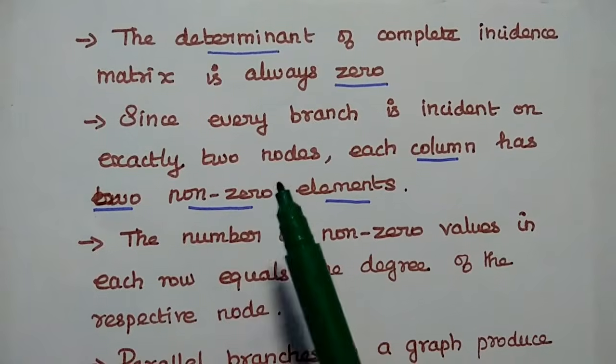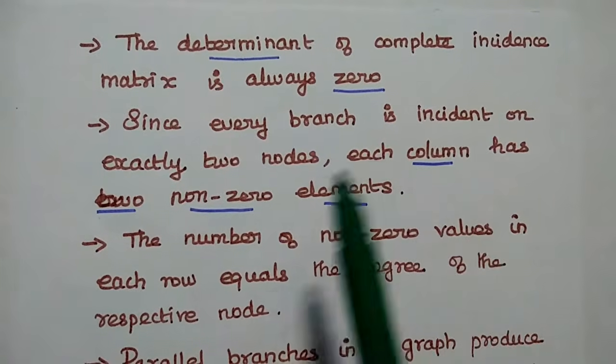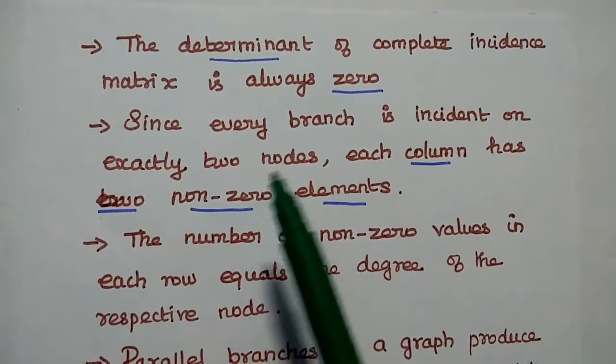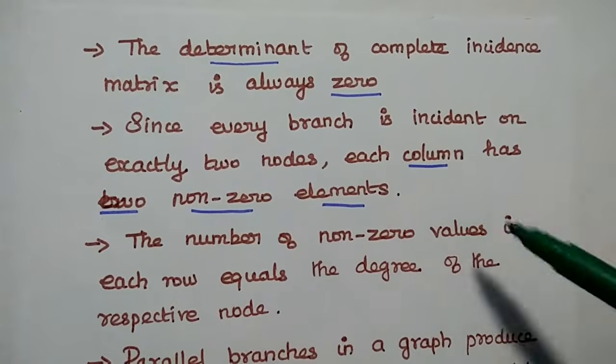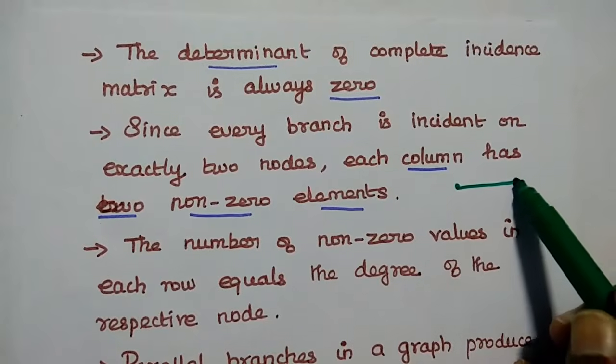The next property is the determinant of the complete incidence matrix is always 0. Since every branch is incident on exactly 2 nodes, because we know that a branch is nothing but the line segment between 2 nodes, correct?